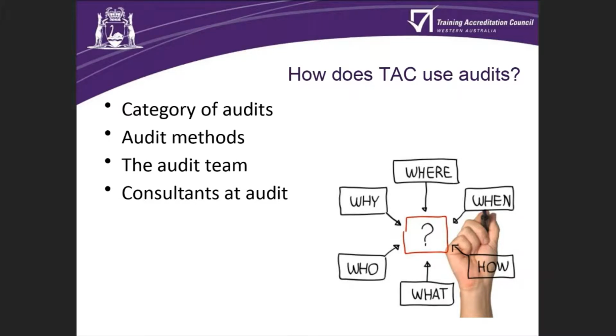It's very much a desktop audit, looking at evidence that is provided by the RTO for review at the auditor's discretion on their own. If there are any issues or questions, they get back to you, but generally speaking, it's all done by the auditor without much consultation with you.